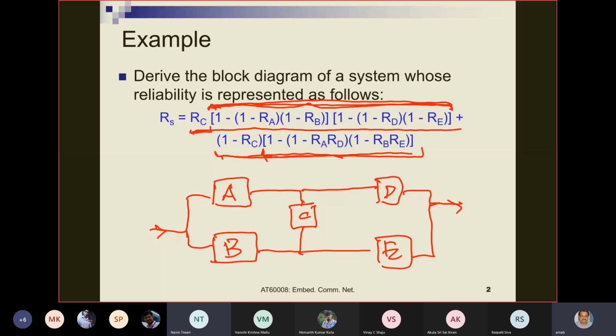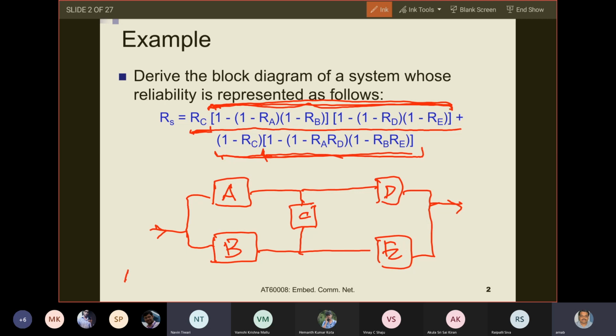So what are they? What are the paths? A, D, B, E, then A, C, E. Write down. Okay, just 1 minute. A, D, and then you are saying B, E, correct? Then A, C, E, correct? And then B, C, D.